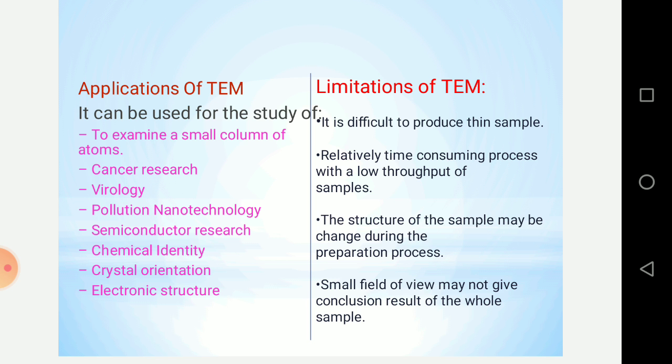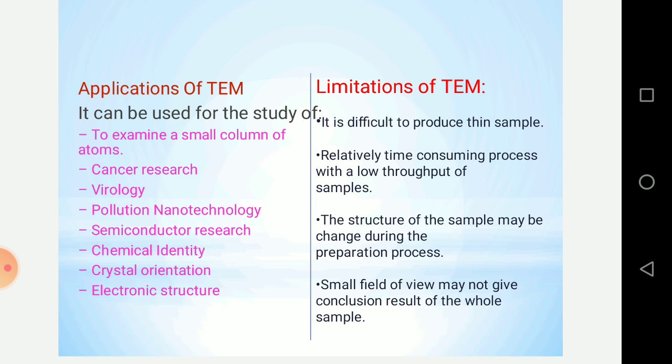The structure of the sample may be changed during the preparation process, and then we are observing this sample. While preparing the sample, we don't use a live organism. The specimen which we use for the transmission electron microscope must not be live, because we take a thin section, and when we are preparing this thin section, the structure might change.